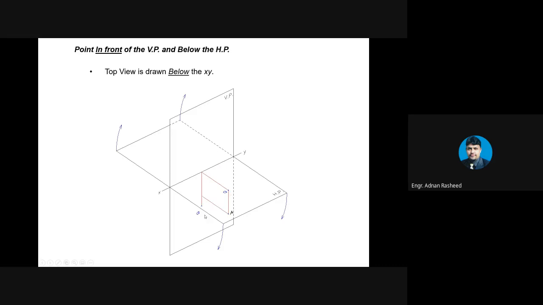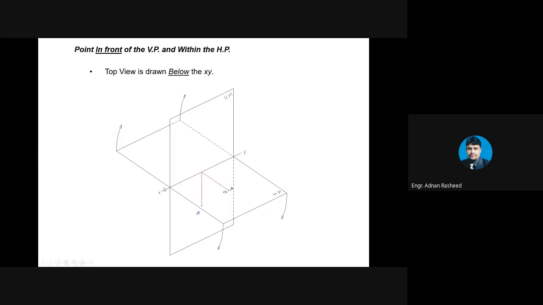In the next example, you can see that this point is below the horizontal plane and in front of the vertical plane. Again, if you are watching this point A from the top, you will get the projection of A on the horizontal plane. But if you rotate this horizontal plane such that it coincides with the vertical plane, the top view will be below the XY line.